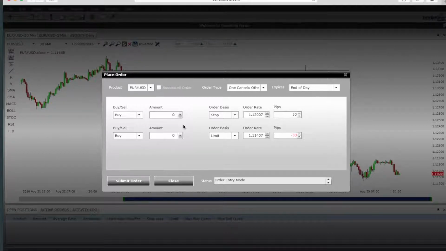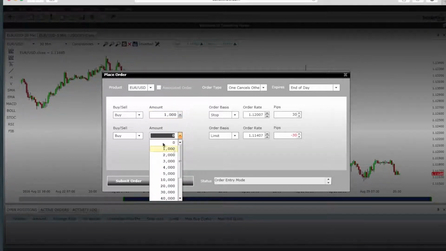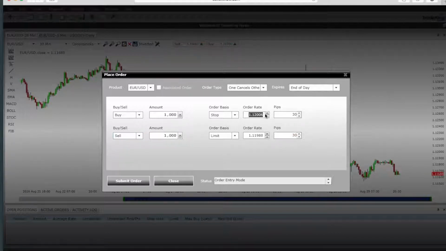So let's say you're buy 1,000 units, sell 1,000 units. This would be a sell, and then in our example we had a rate of buy at 1.1050, and then our sell price would be 1.0080.